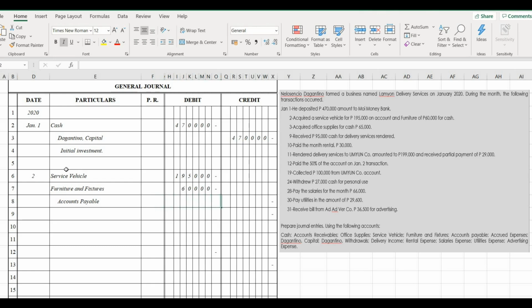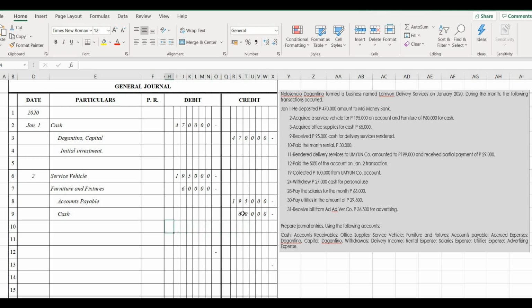So, yung amount, ganun din. 195,000. And then, another credit is your cash. So, still, you have to indent it. So, take note, this is a compound entry. So, your credit accounts or the accounts to be credited, of course, dapat pantay lang sila na naka-indent. So, the amount is 60,000.